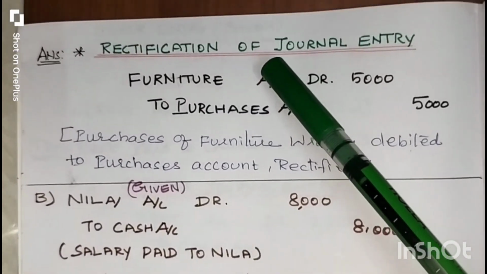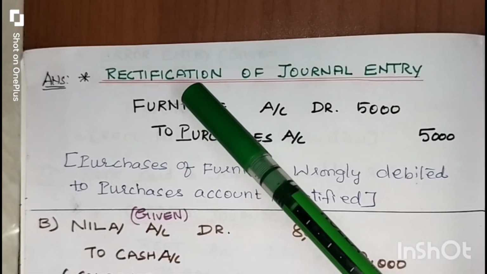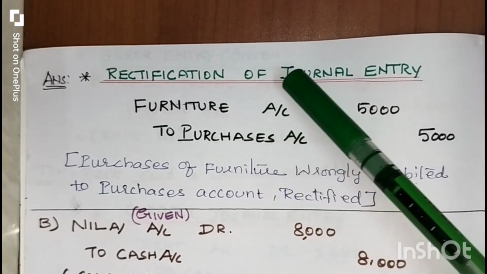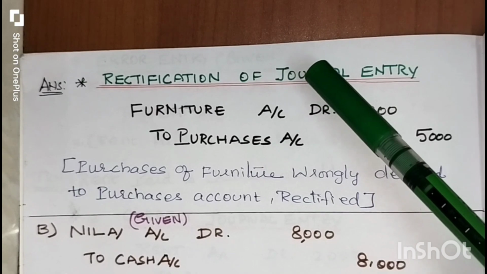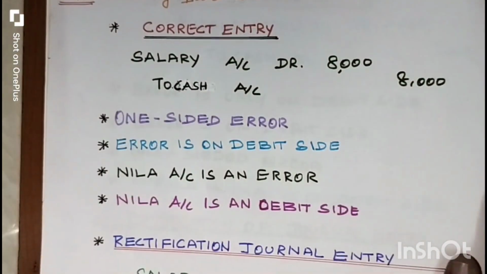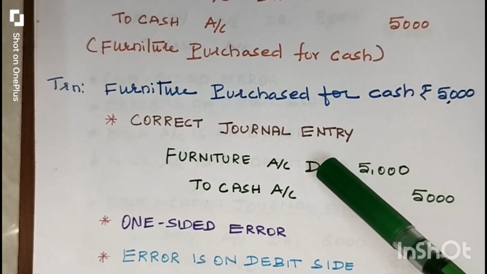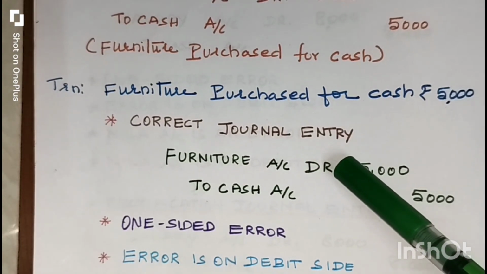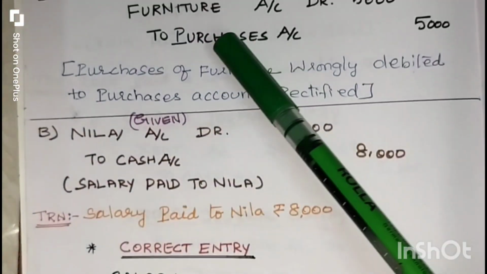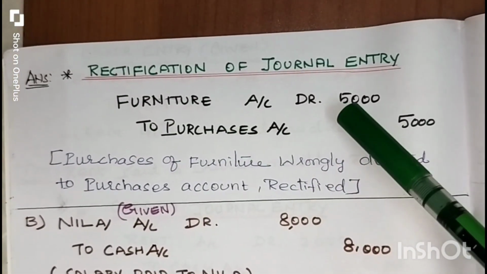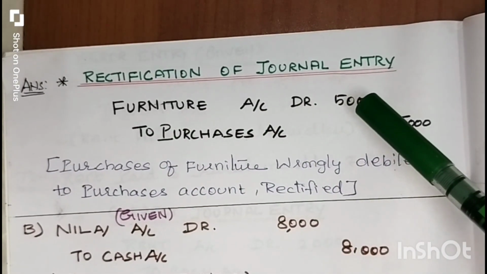So whenever you create the rectification of the journal entry, you have to enter the correct account on the correct side. Which account is correct on which side? Furniture account is the correct account on the debtor side. So you have to enter furniture account debtor 5,000 rupees in the rectification journal entry.